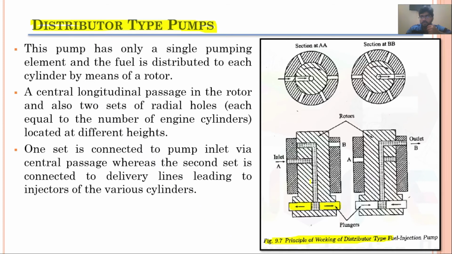Here you can see that if we look at the top view of this figure, this is the inlet passage from which the fuel would be coming in, and when this inlet port is aligned with the inlet passage of the rotor, this is the rotor, and this outer section is called the barrel.